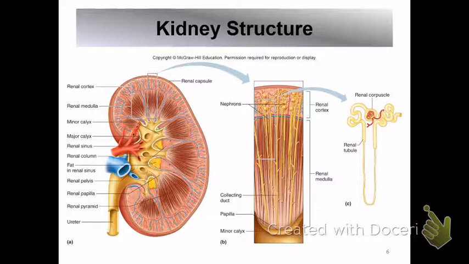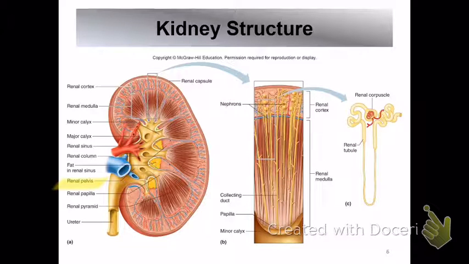Okay, the pelvis: funnel-shaped sac, superior end of the ureter. So the pelvis is here, and this will all be on the lab test, the final lab test, so you want to know that. The pelvis is really, I'm going to highlight it, all of this right here.